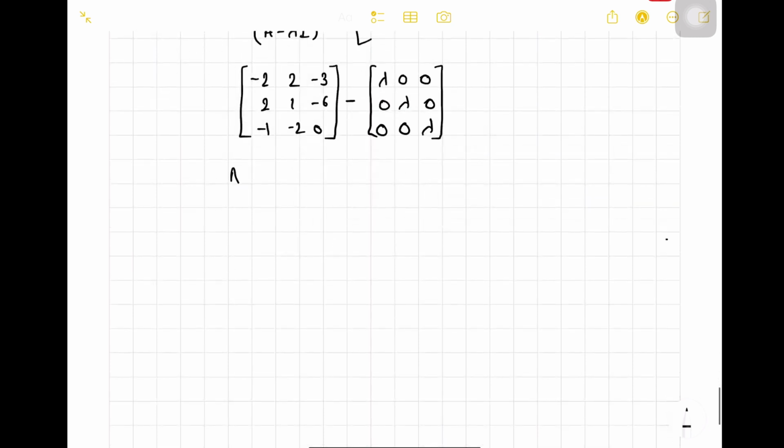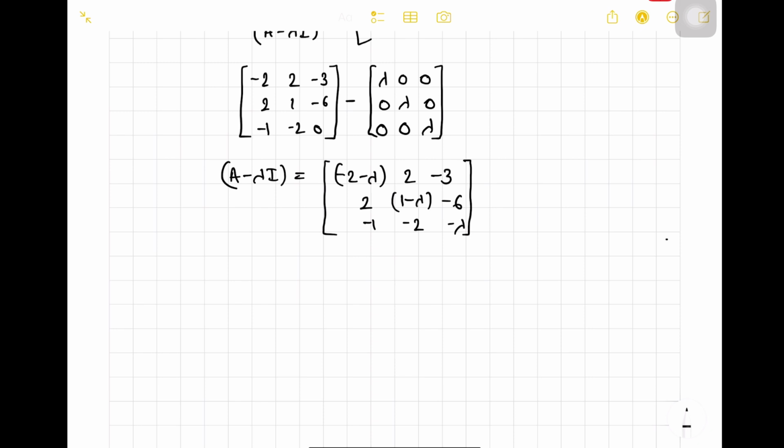So finally we get A minus lambda I as minus 2 minus lambda, this will remain as it is, 2, 1 minus lambda, this will be minus lambda.